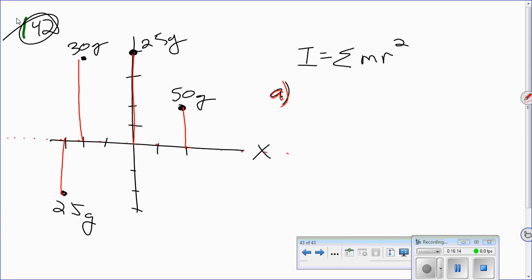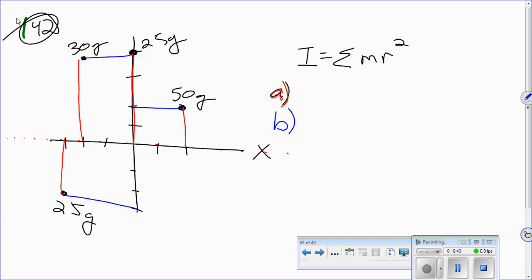All right. For B, it wants to know the rotational inertia about the y-axis. So now instead of everything rotating this way, it's going to be rotating this way, out of the board and around. So now my radii, instead of being the vertical y components, are going to be the horizontal x components, and this one's going to be 0.